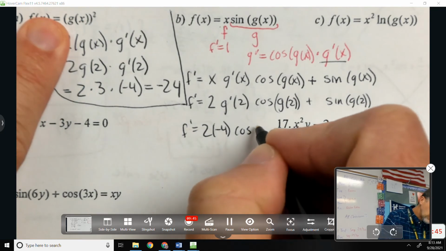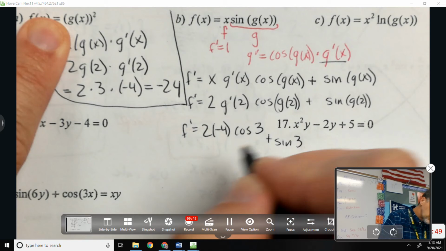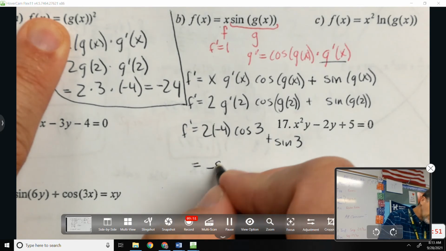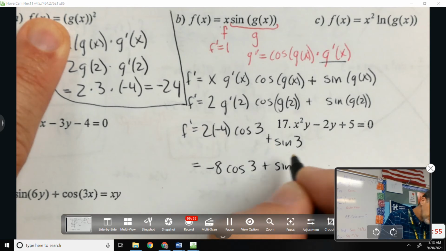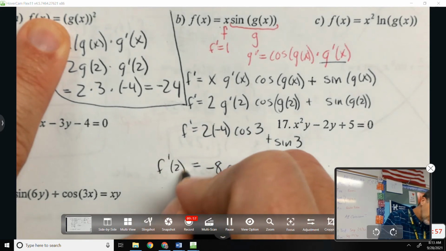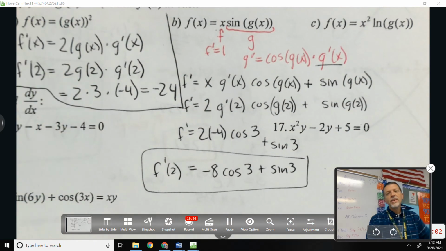G of 2 is 3. So we can't really do much with this answer. Also should have worked it on a separate sheet of paper. I get negative 8 cosine 3 plus sine of 3. And without a calculator, that's as good as I can get it.